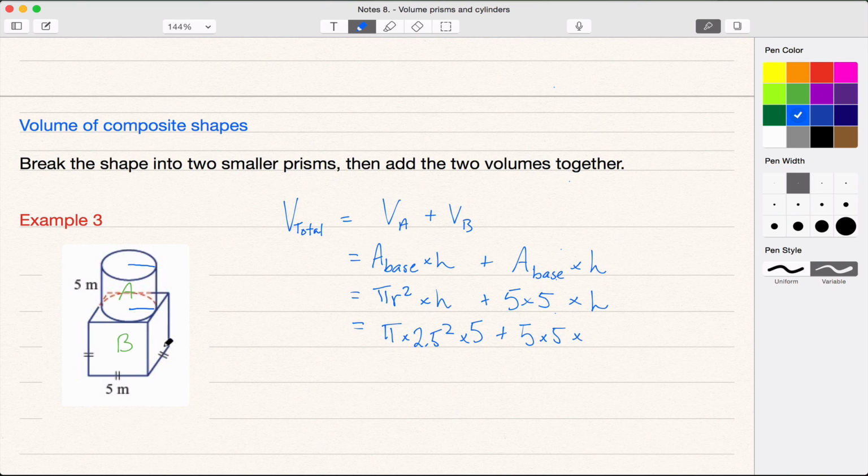The height of this one is 5 as well. And when I put all of this into the calculator, I'm going to end up with 223.17. It's in meters, and it is volume we're working out, so it's cubic meters.